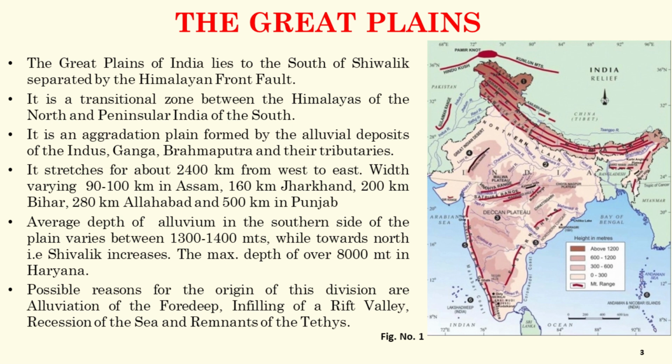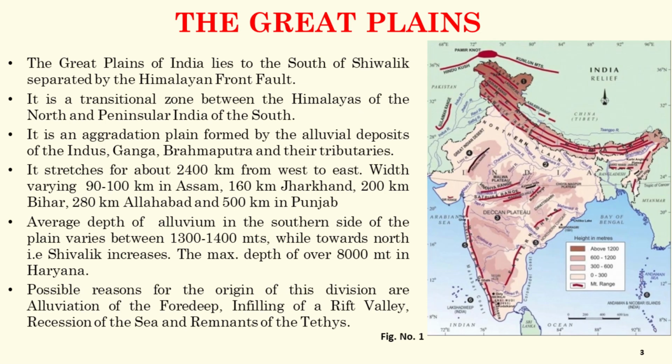It stretches for about 2400 km from west to east, with width varying from 90 to 100 km in Assam, 160 km in Jharkhand, 200 km in Bihar, 280 km near Allahabad, whereas a 500 km width is there in the Punjab region.